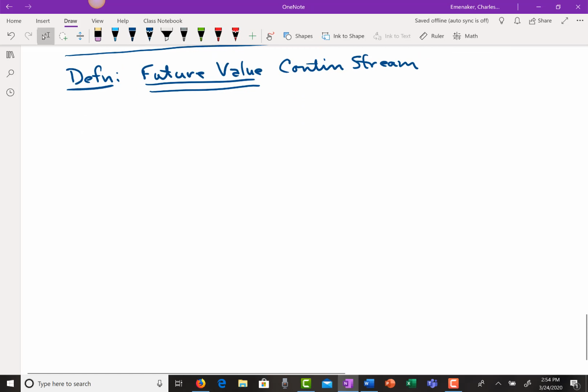Okay. Definitions, two of them. Notice this is under the condition that you have a continuous stream. Okay.